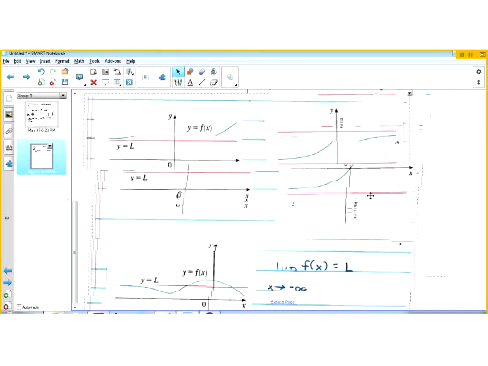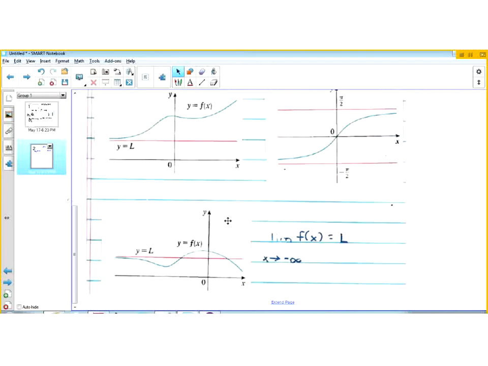Okay, so consider these three drawings. Here we have the case where x grows larger and larger in the negative infinity direction. That is, x grows very, very small. As we move off in this direction, x is becoming smaller and smaller, like negative 100 is less than negative 90, for instance.